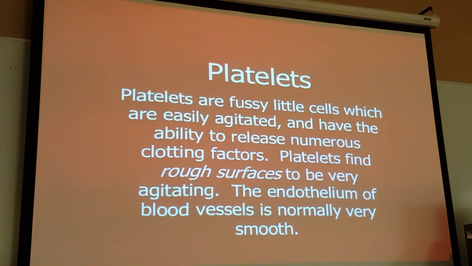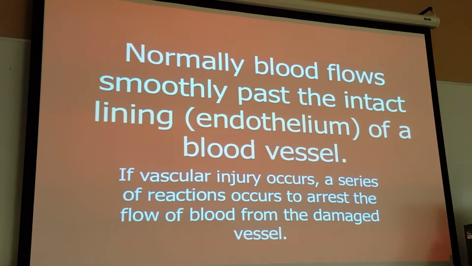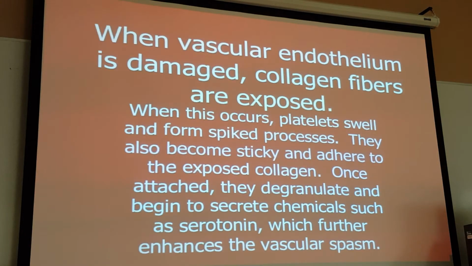Platelets are fussy little cells which are easily agitated, and they have the ability to release numerous clotting factors. And if they run into a not smooth surface, they'll start releasing all kinds of very potent chemicals. A series of reactions occurs to arrest the flow from the damaged vessel.